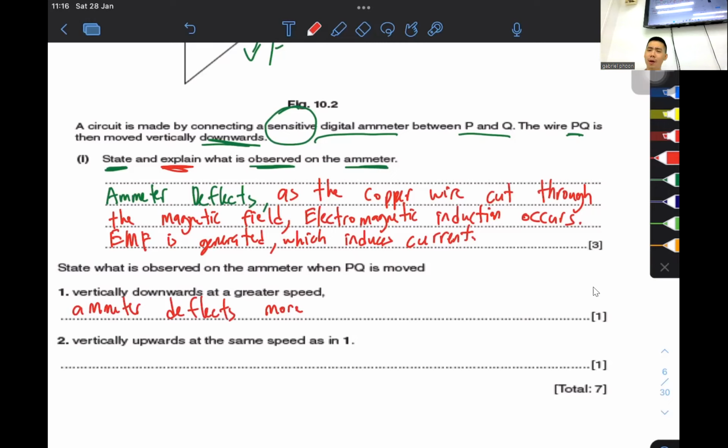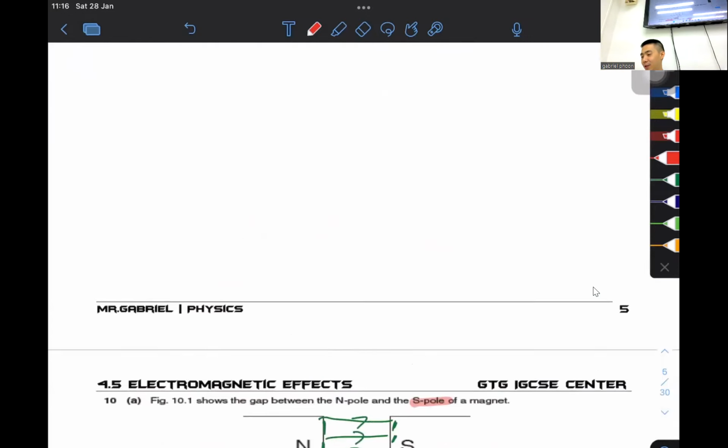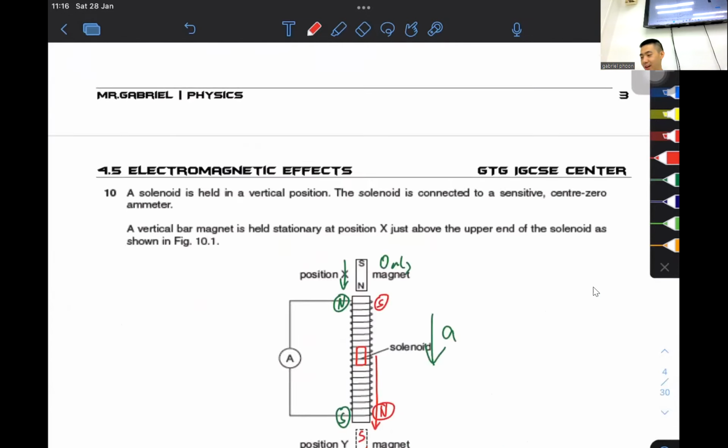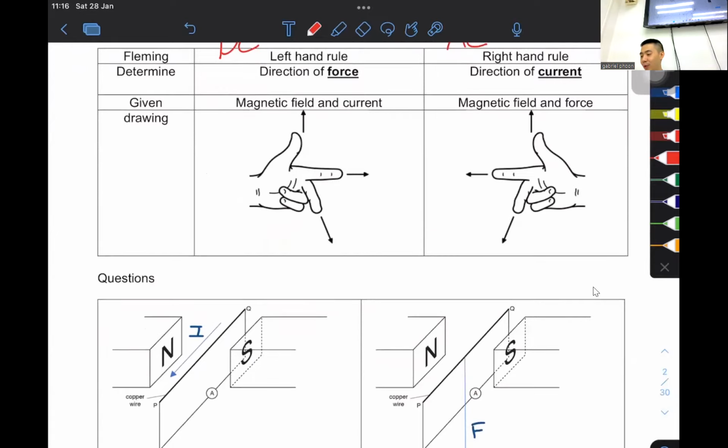Okay, guys, think back about the Fleming rule that I told you about. What happens when you move the magnet in opposite directions? What's going to happen to the current? You know what I'm talking about, right?